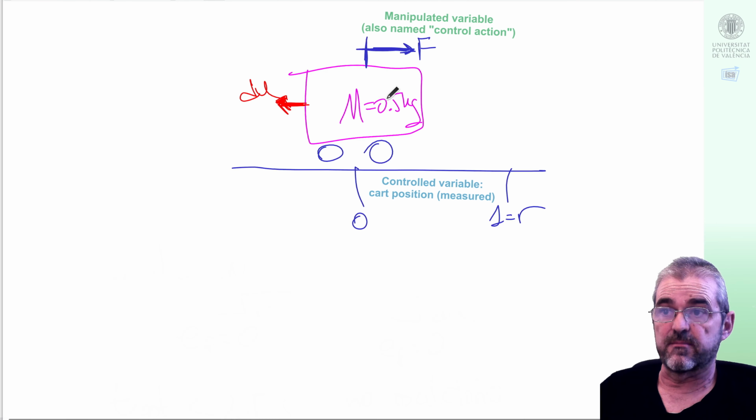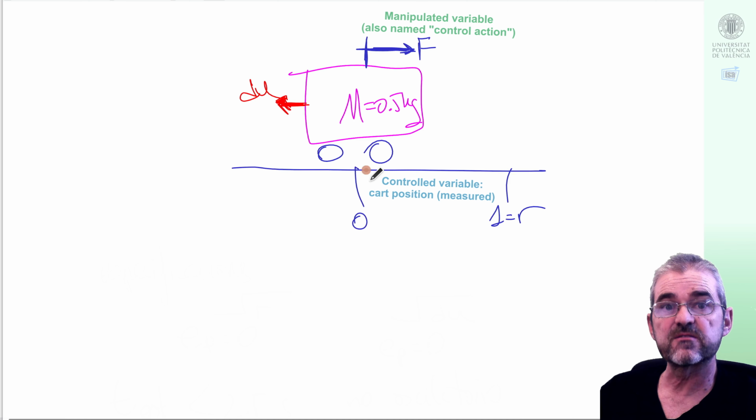Consider a mass of half a kilogram, on which I assume I can exert any manipulated force I wish. I will compute the force from measurements, that's closed-loop control, and I will assume that friction is negligible. Or if it is not, with my measurements and my friction model I can compensate for it with functions of the speed and Coulomb friction or whatever.